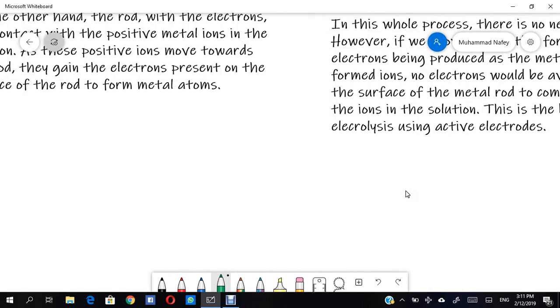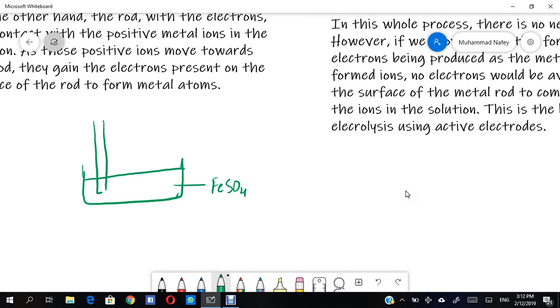So I have, let's say, iron sulfate, and I'm electrolyzing it using iron electrodes.